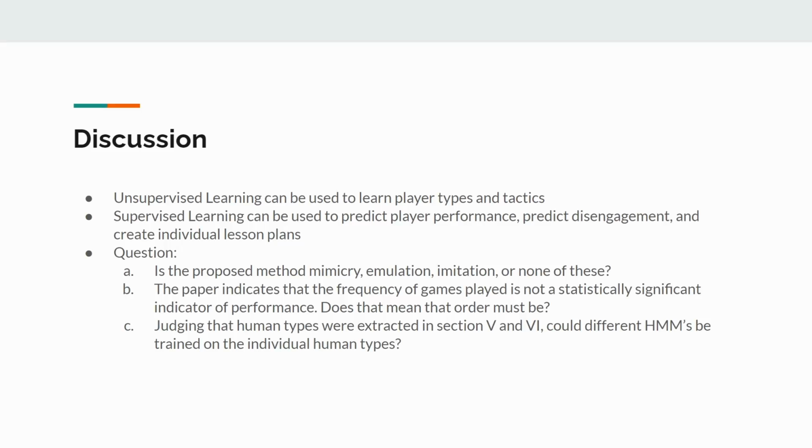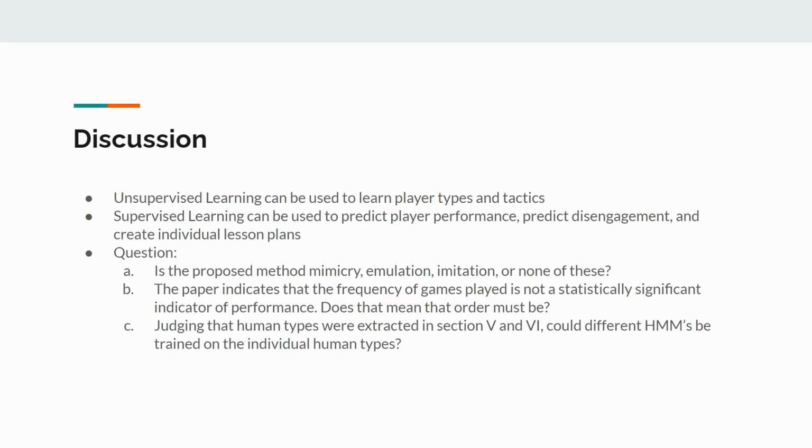However, supervised learning can be used in order to predict player performance, predict disengagement, and also create individual lesson plans, which can be informative for a teacher in a supervised learning setting, or rather a situated learning setting, in order to guide the player or guide the learner.